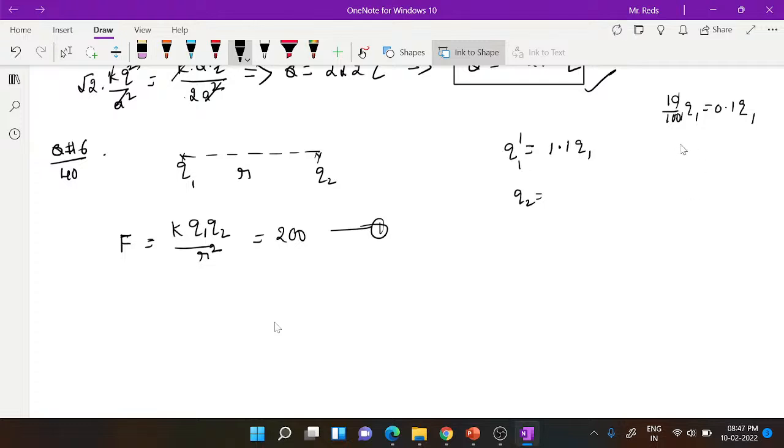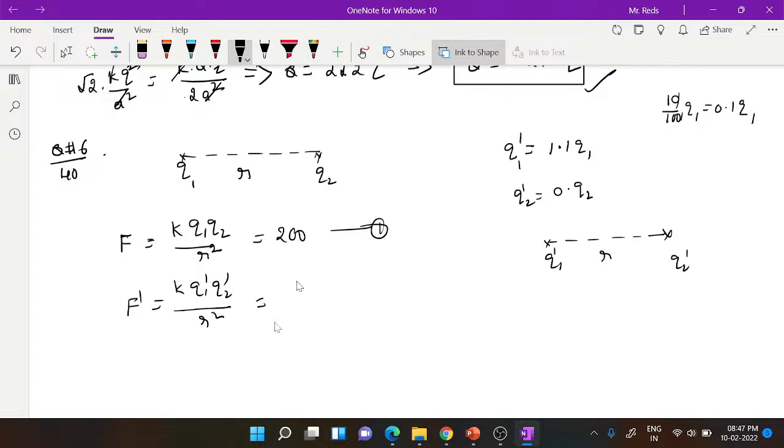Whereas another one, q2 dash, decreases by 10%, so initially it was q2, it decreased by 0.1, which means it becomes 0.9 q2. If you arrange this q1 dash here and q2 dash here at the same distance, what is the force between them? Let us say the new force is F dash equal to k q1 dash into q2 dash divided by r square.